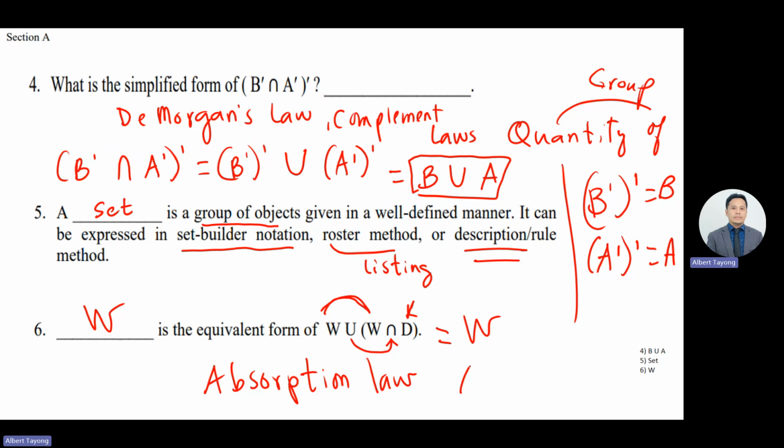So if you have A intersection A union B, the answer will be A. If you have A union A intersection B, it's going to be A as well. It's going to be absorbed by A. Right, so I hope that's very clear.